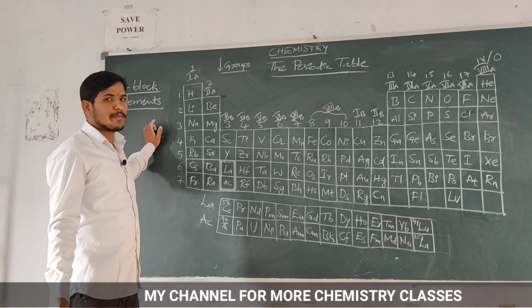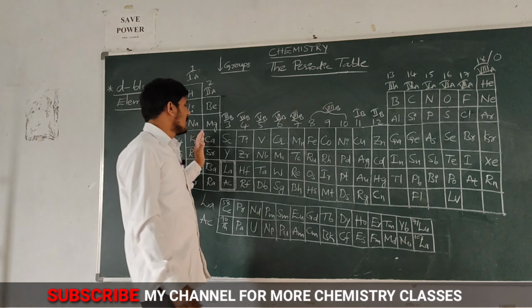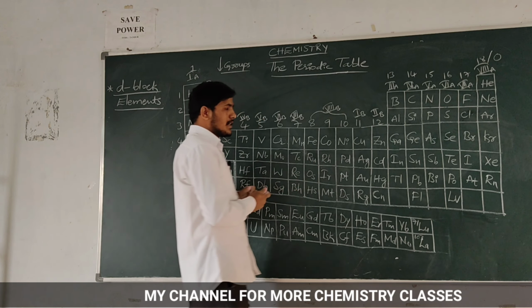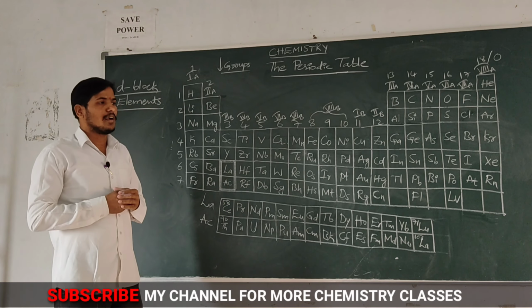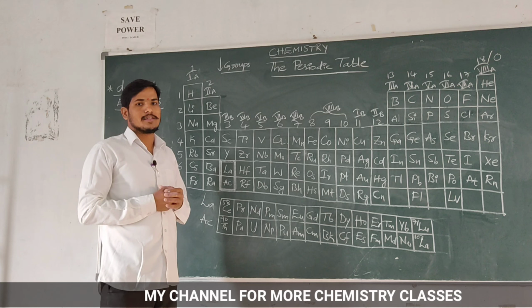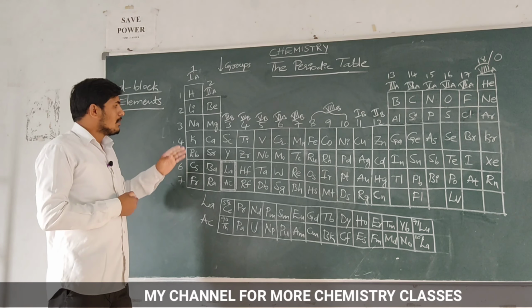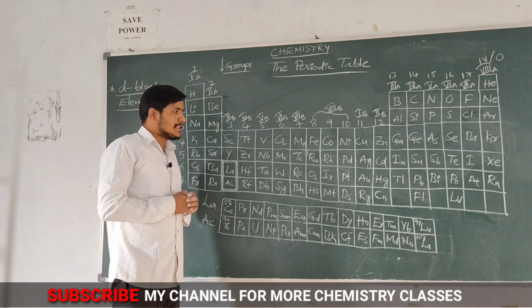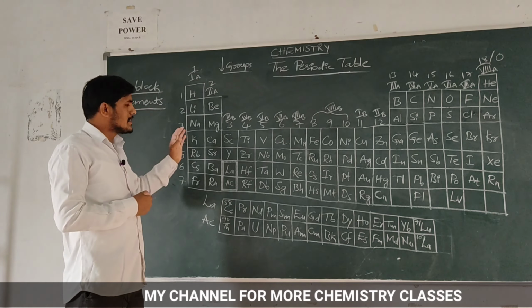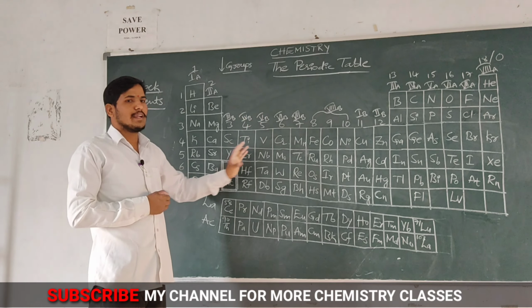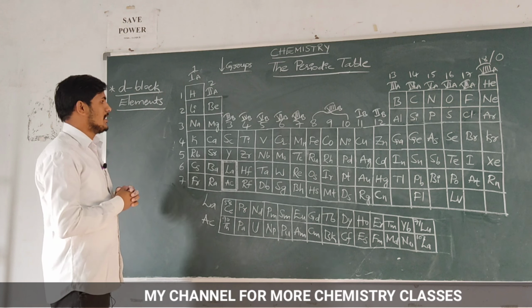D block elements are present in the periodic table between the S block and P block. So that's why D block elements are called bridge elements.